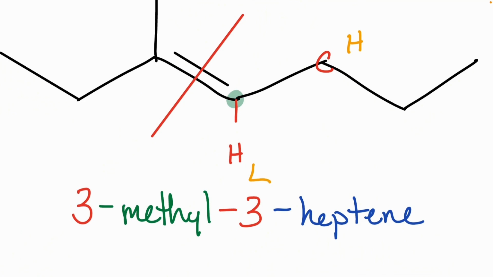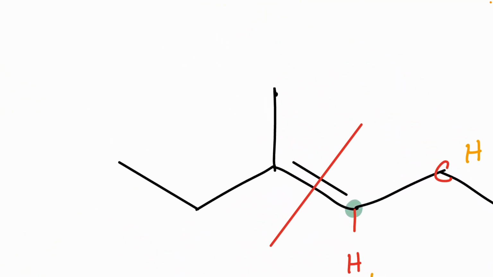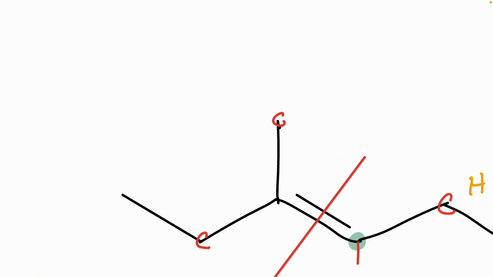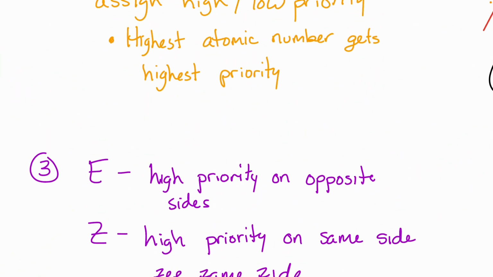Okay, now I'm going to jump to the other side of my double bond. But here, I'm running into a little bit of a pickle, because I'm going to compare this and this. And what are both of those atoms? Carbons, right? So this is a carbon, and this is a carbon. So how am I going to break this tie? Yeah, basically.